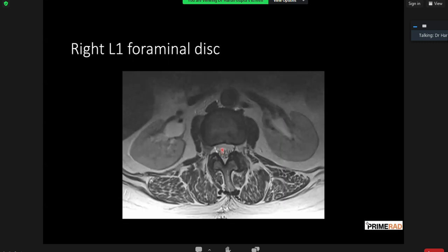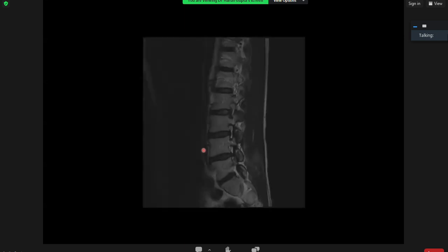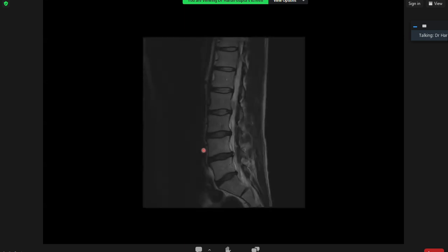Now, this is the large foraminal disc producing neural impingement. So next, moving on to this one, just look again, there is extension of disc material into the L2 foramina. That's the disc material, which is intermediate signal.